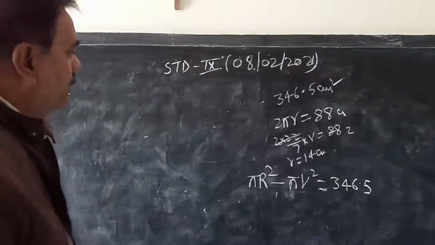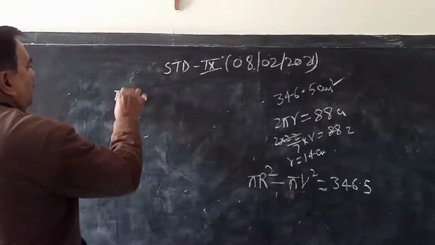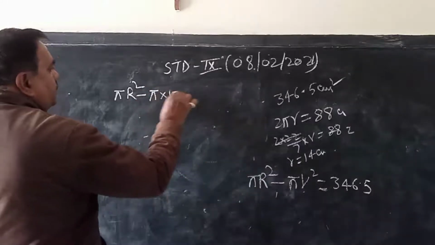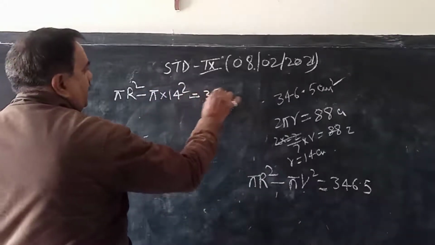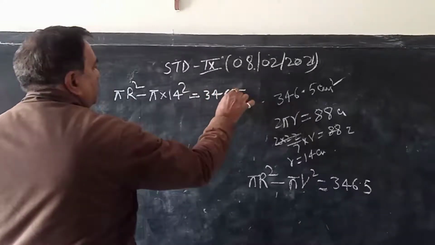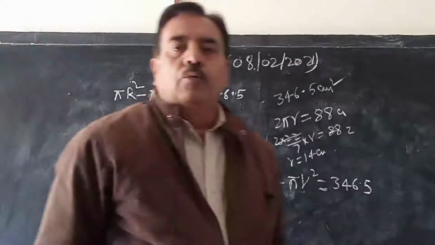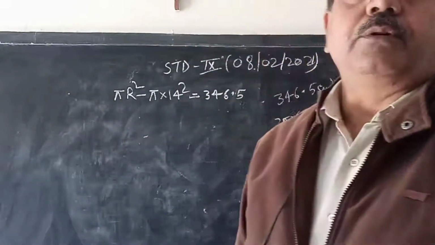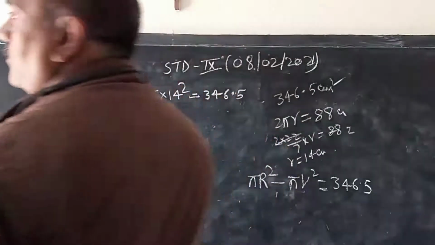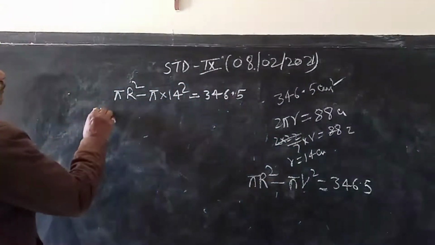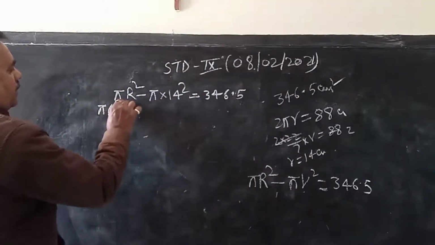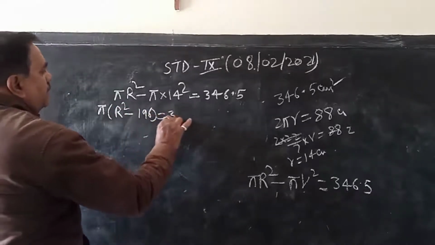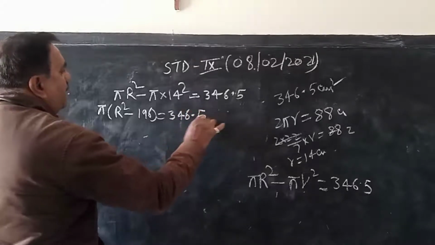So we have to find the radius. Small r we have now, 14 square, and the area is 346.5. Right? Only one thing is unknown, that is capital R. So pi common, capital R square minus 14 square, 14 square means 196, is 346.5.